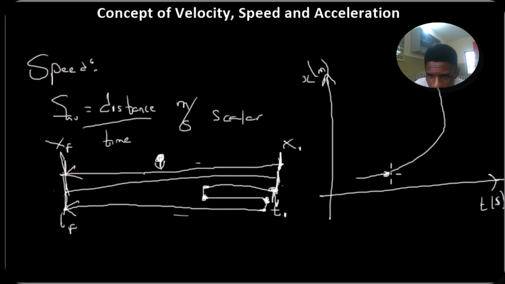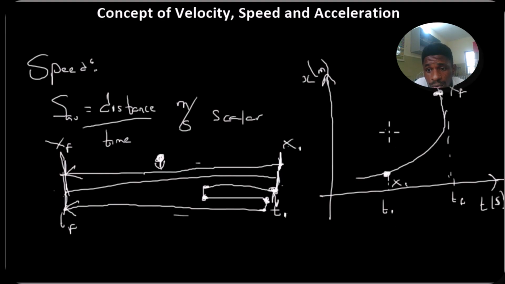Again, let's assume that this is xi, initial position, and this is xf, final position. If we're calculating displacement, we know that at xi we have ti, and at xf we have tf. For average velocity, we will have taken xf minus xi, divided by tf minus ti.